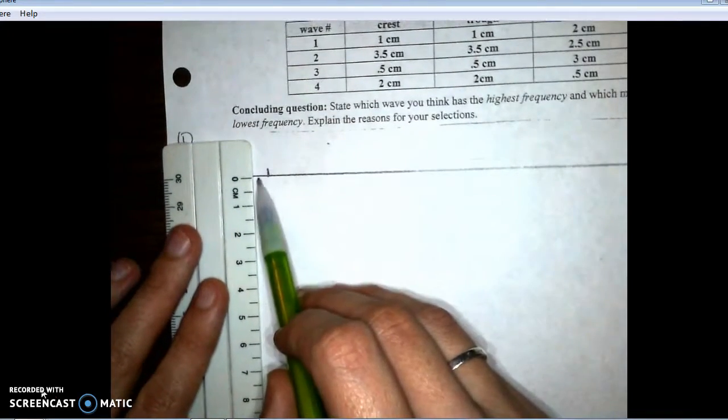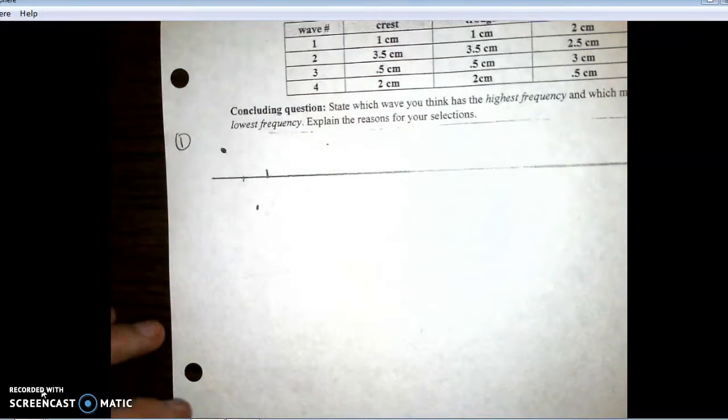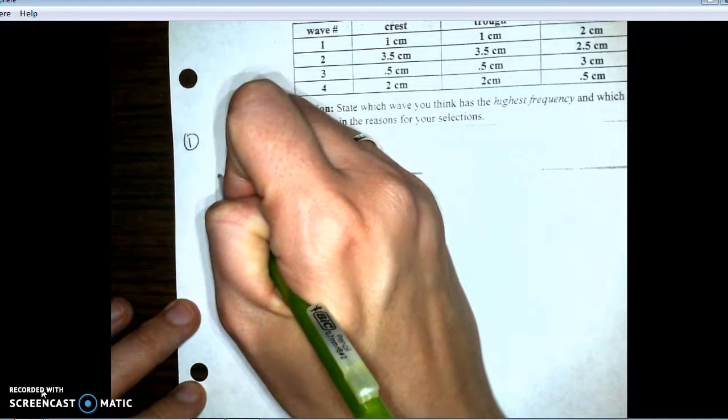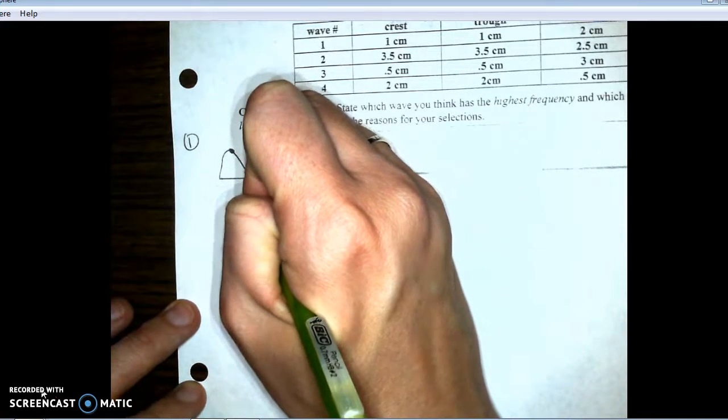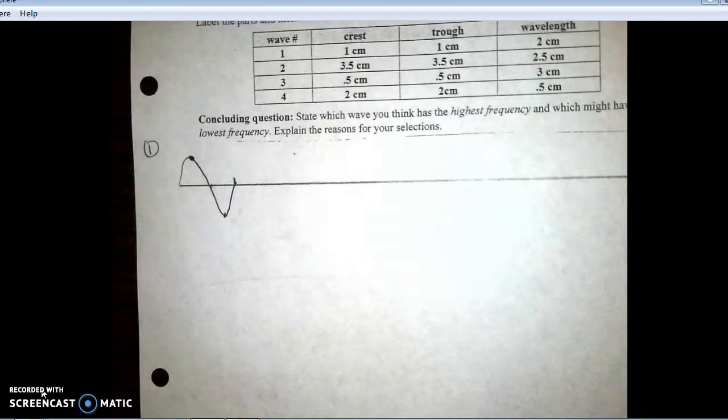So put your 0, mark the 1 centimeter, and then from there you are just drawing your crest and your trough. Crest, come down, now I have a trough. Okay, so that is just one wave. Now it doesn't tell us how many waves to draw, so for right now I'm just going to leave that.